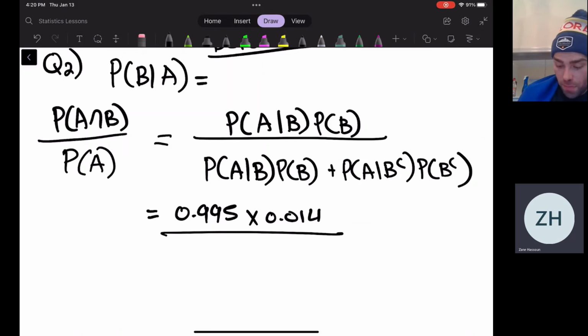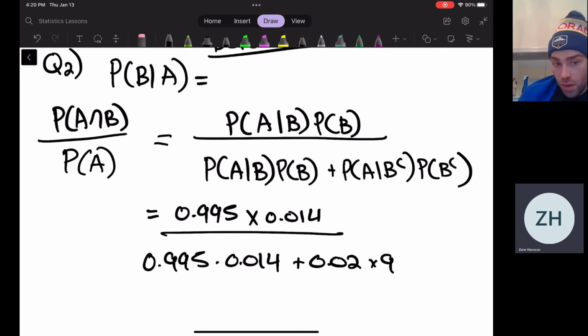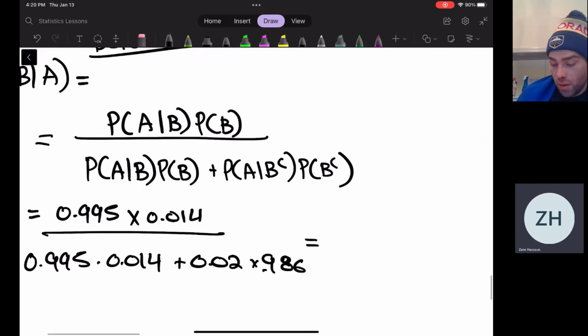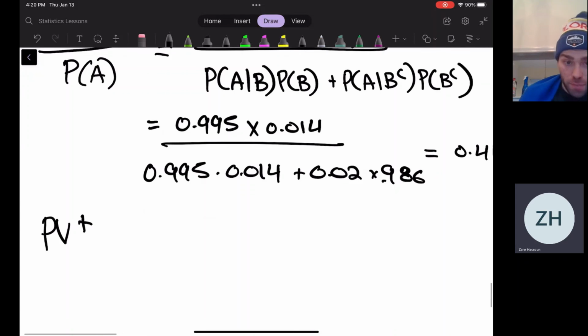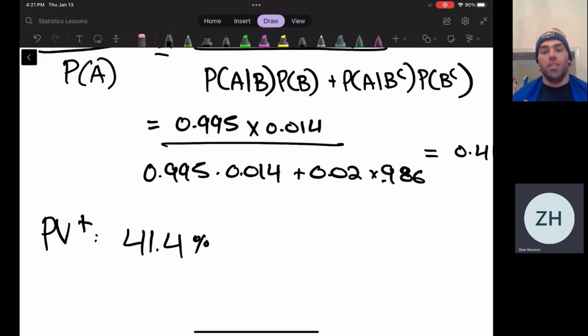And similarly from before, we have 0.995 times 0.014 plus 0.02 times 0.986, which gives us 0.414 or 41%. So we can see that the PV positive is 41.4%. So this is just something to think about, because the probability of having the virus is only 41.4% given you test positive.